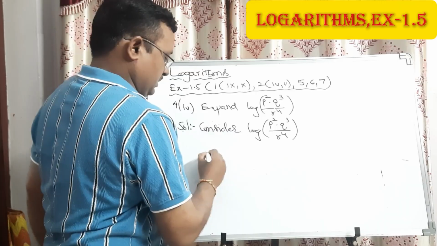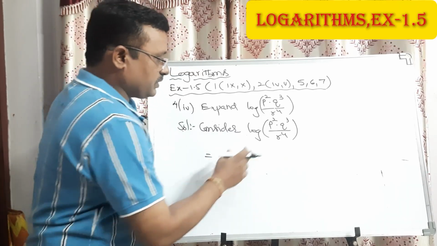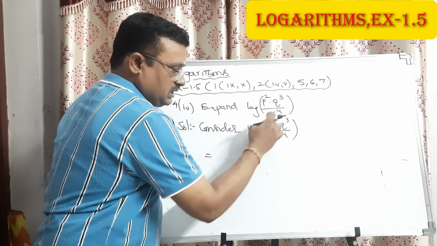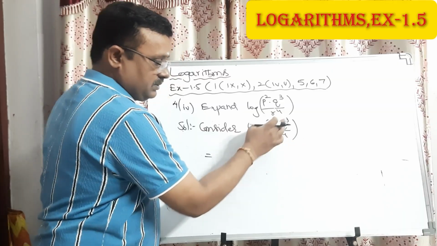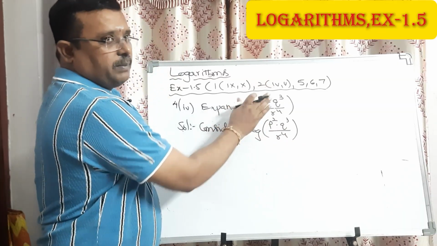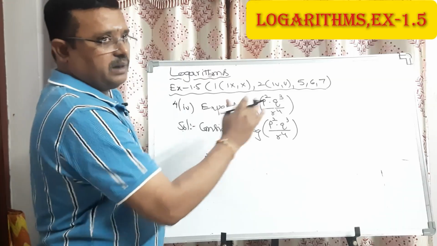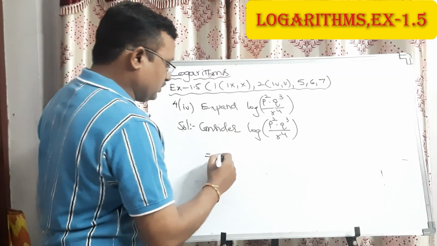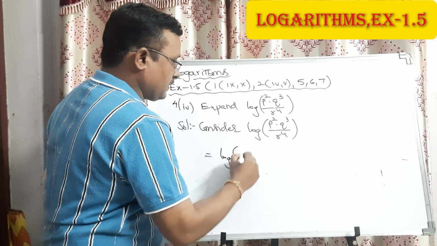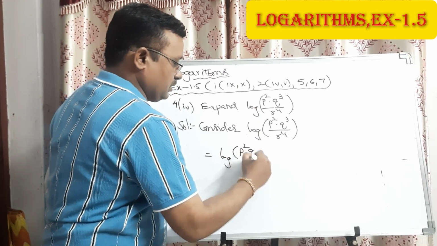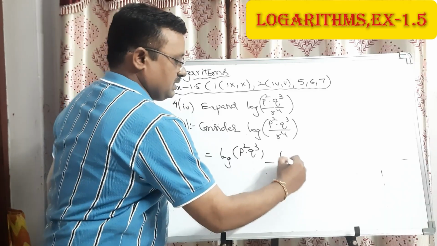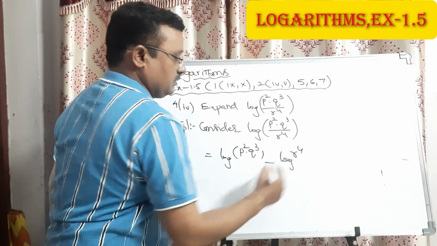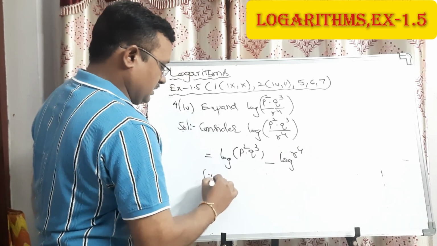Consider this well. This total is the first term and this total is the second term. It looks like the a by b form. Log a by b means log a minus log b. So according to that, log p square into q cube minus log r power 4. What formula did we use here?